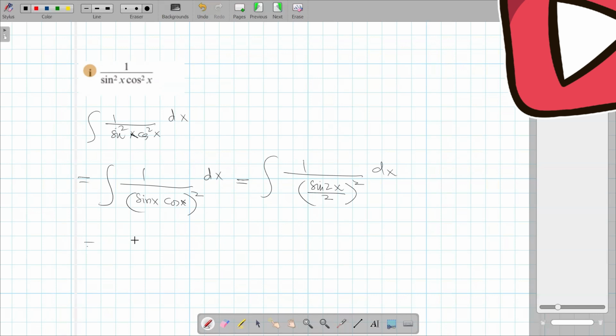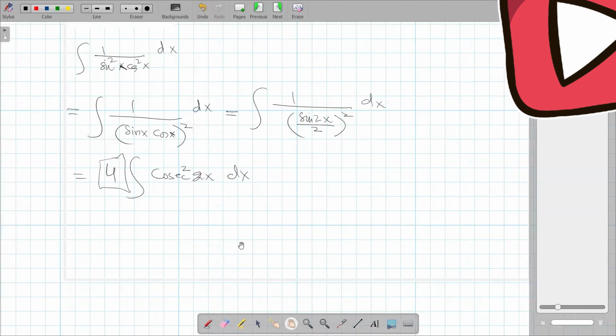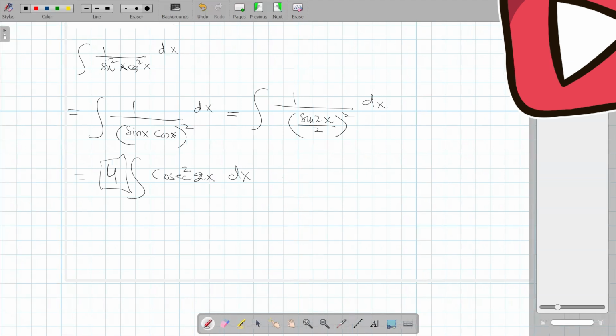And further we can write it as 4 integral of, what is the inverse of sine? It is cosec. This 4 comes in the numerator after squaring. Makes sense. So what is the antiderivative of cosec square?